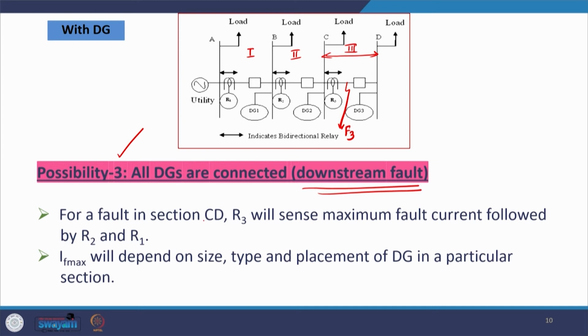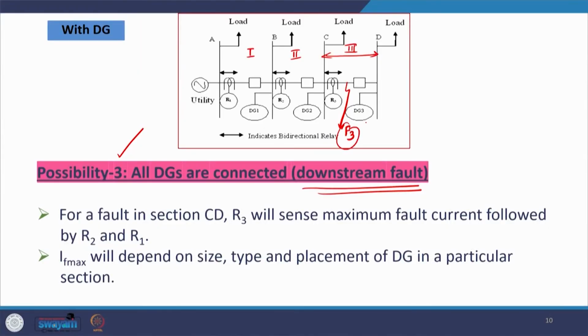For a fault in section CD, R3 will sense the maximum fault current, followed by the current sensed by R2 and then the current sensed by R1. The maximum fault current will depend on the size of the DG, the type of the DG and the placement of the DG in a particular section. So, if I consider a fault at F3 here in section 3, this is known as a downstream fault.